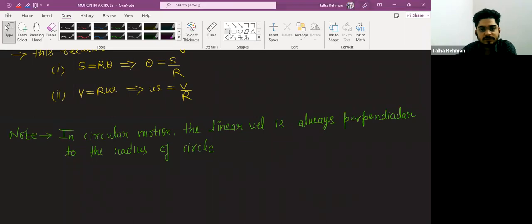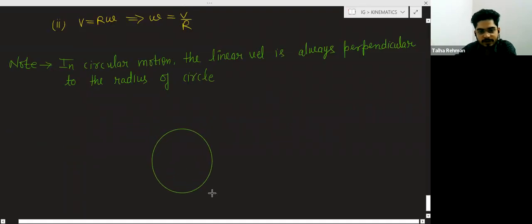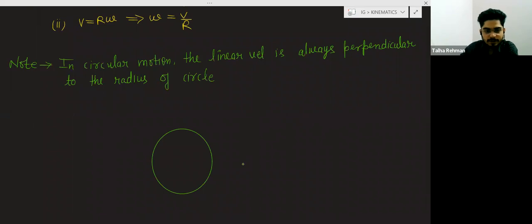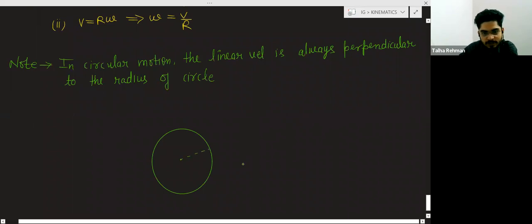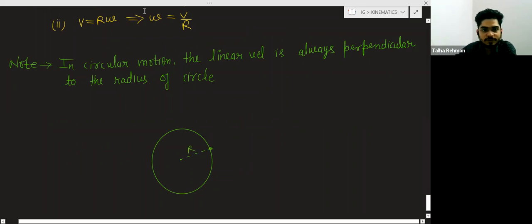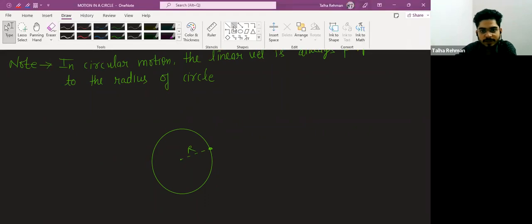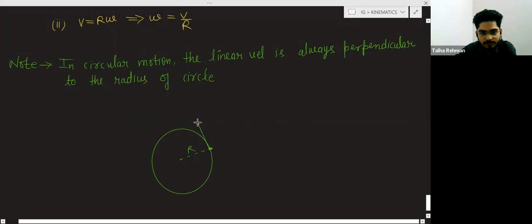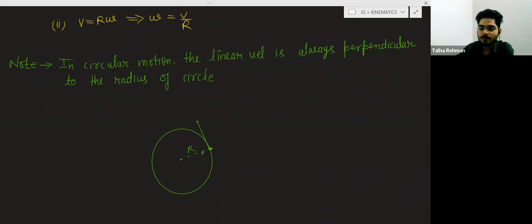See why this is. We know that this is a circle and this is the radius of the circle. If here at this point you want the direction of the linear velocity, the direction of the linear velocity will be this. And what is this r? R will be perpendicular to this tangent. So this tangent and this radius are always perpendicular. The angle between the radius and the direction of the linear velocity will be 90 degrees always.